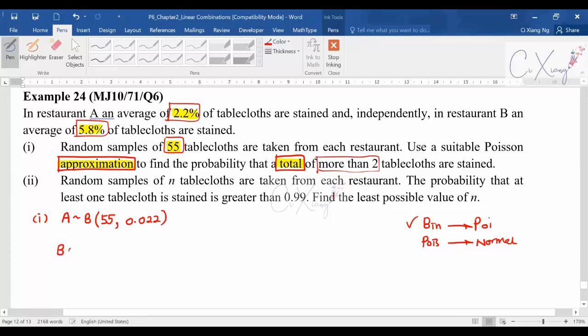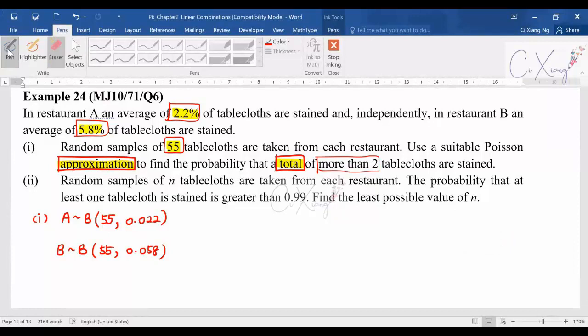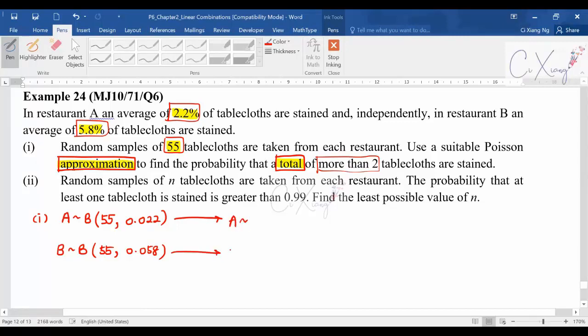For B, it is still binomial distributed, with 55 and 0.058. Then you double check the conditions for these two variables, and you will realize that both A and B can be changed to Poisson distribution.